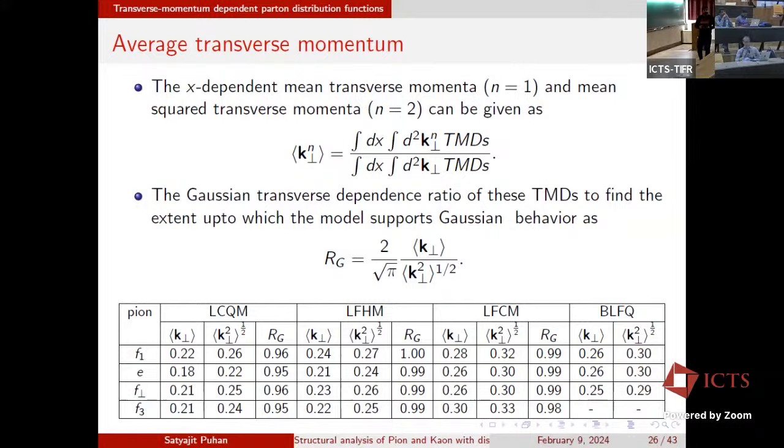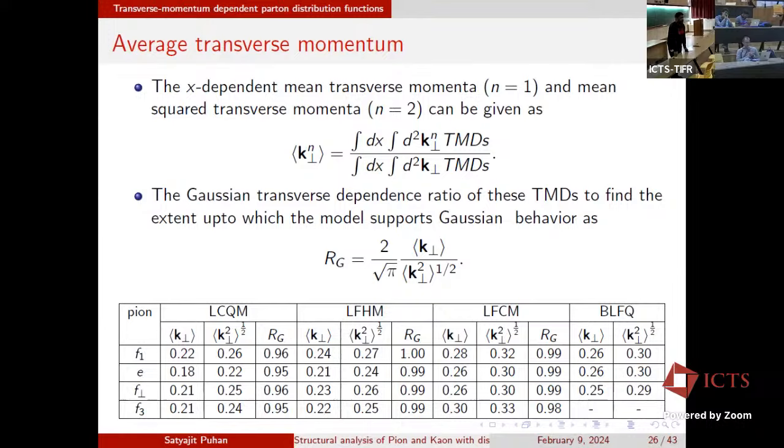Probably TMD evolution will increase the k-perp, and you can compare it to the phenomenology. I tried to evolve our TMDs, but unfortunately at x equal to 0.01 your extraction is at 2 or 3, while my evolution gives around 0.7 and 0.8. I don't know why.